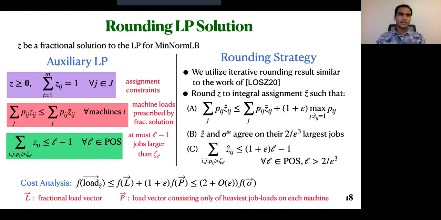The load vector induced by Z hat can be bounded by the load vector induced by the fractional solution Z bar plus 1 plus epsilon times the vector P. This follows from the displayed equation A. Each of these 2 load vectors has norm that is bounded by the norm of an optimal solution. So overall, we get a 2 plus order epsilon approximation.